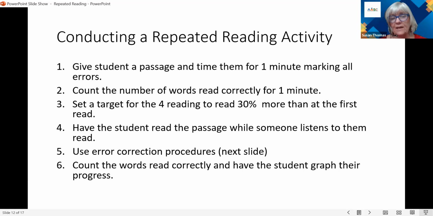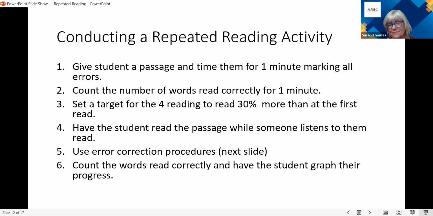And then you will set a target for the 4 readings to read 30% more than at the first read. So by the end of that reading, they're going to increase their number of words read per minute.